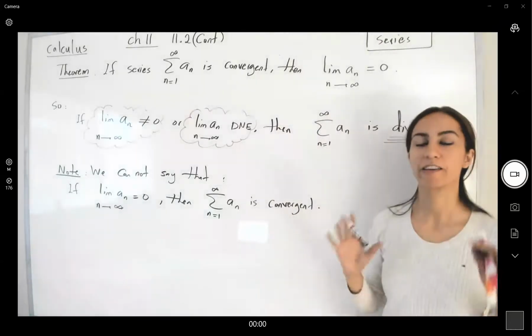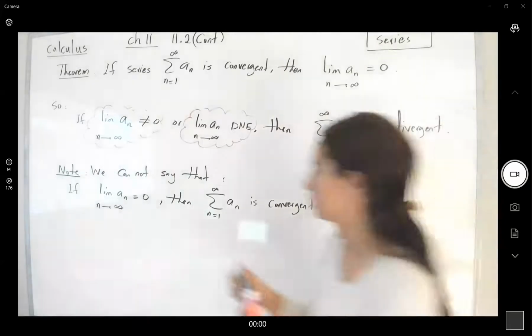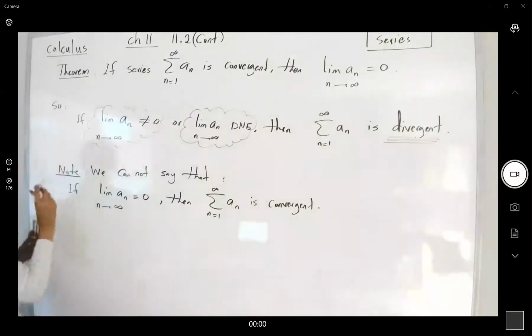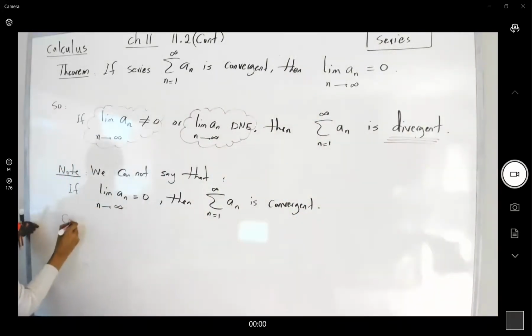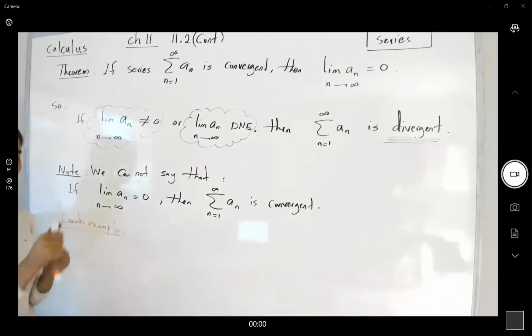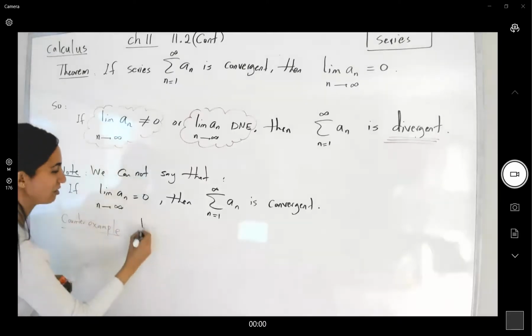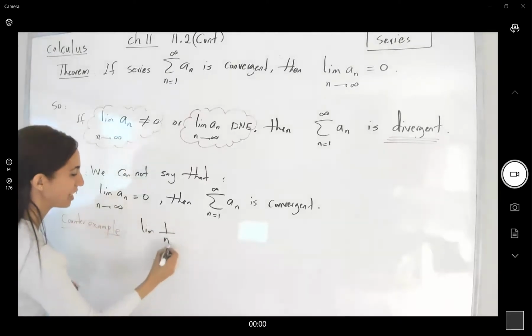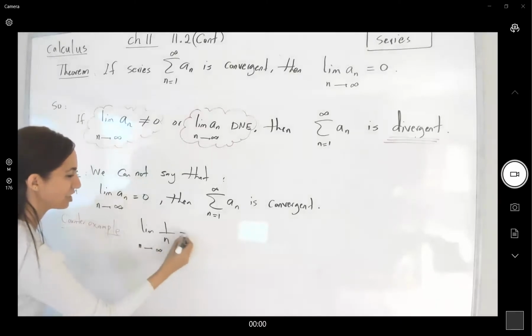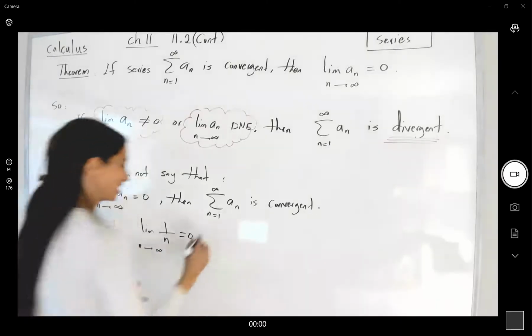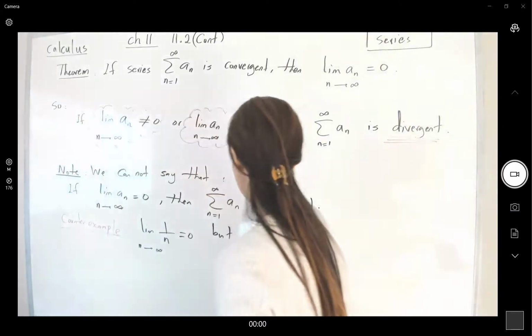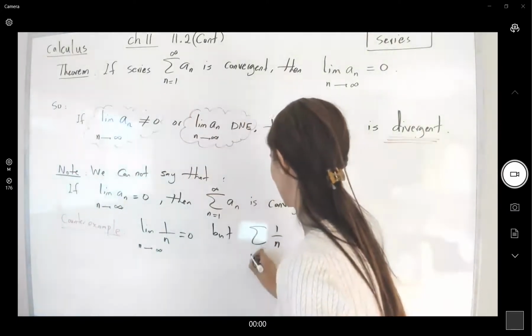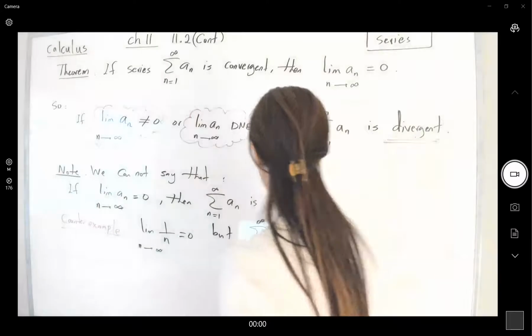Actually, we have a counterexample. The counterexample is, you know that the limit of 1 over n as n approaches infinity is equal to 0, but the harmonic series is divergent.